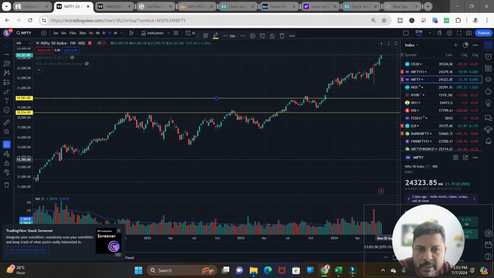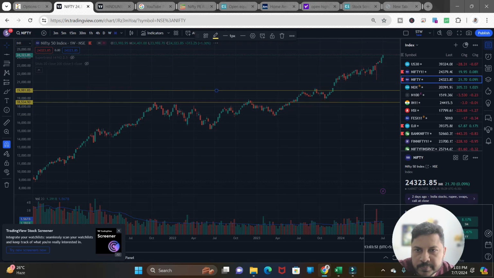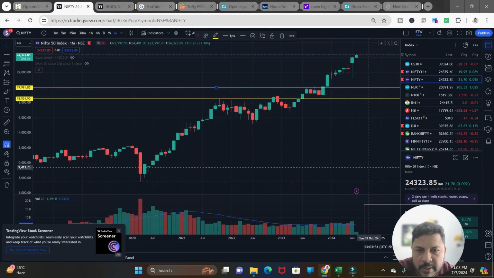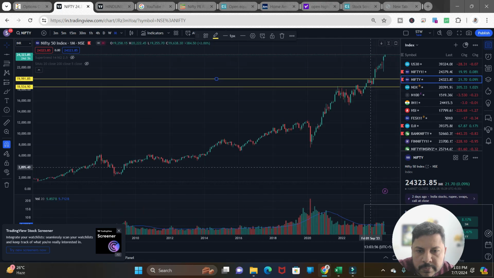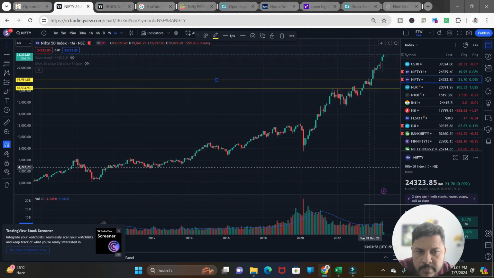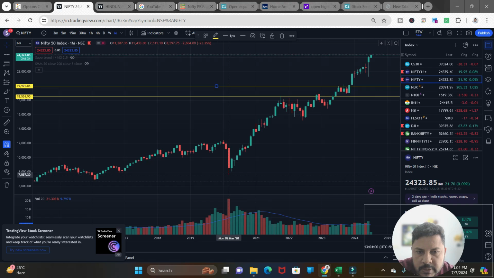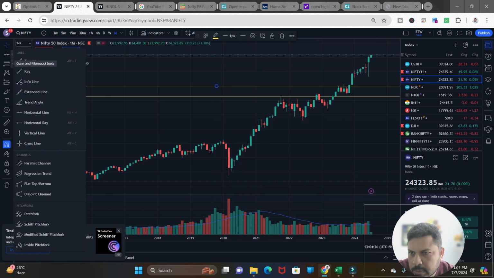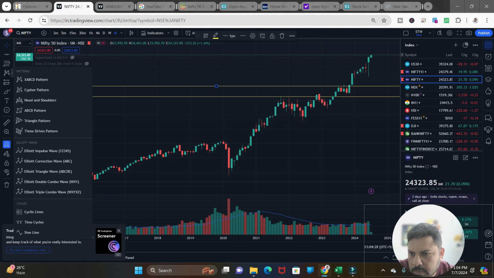Let's look at the monthly time frame here and identify the breakout levels. So this was your previous swing low from the monthly time frame. From this was your all-time high. From there, this was the low. So if I have to measure this, here is the measuring tool.